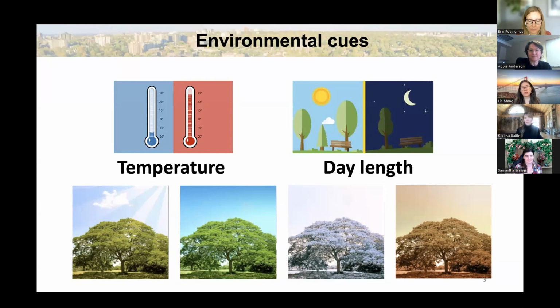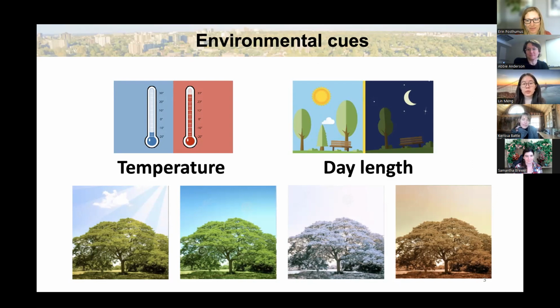This is their way to prevent damage from the harsh winter. As trees experience a period of cold temperature, which we call the chilling period, they break dormancy and start a countdown to spring. And then as days get warmer, we see trees with green leaves emerge.